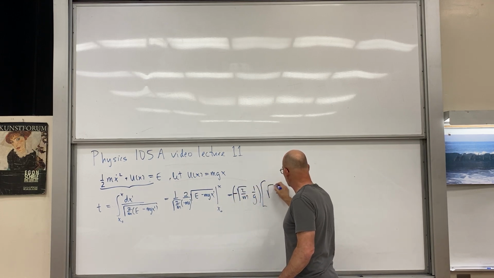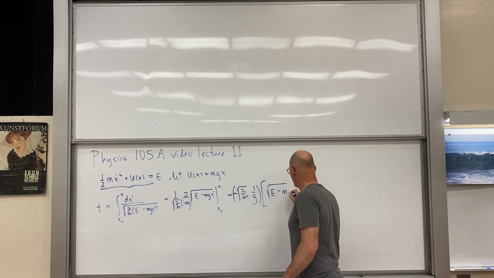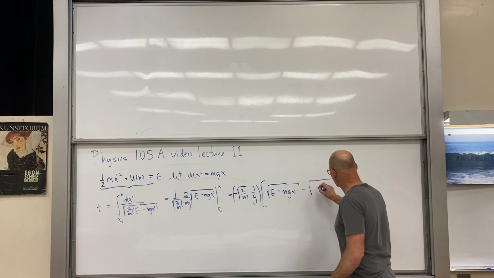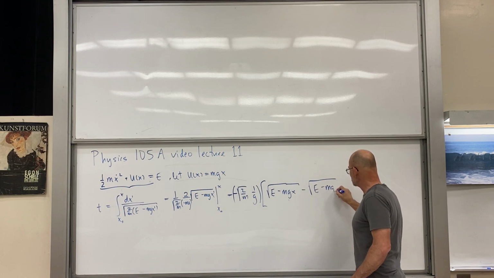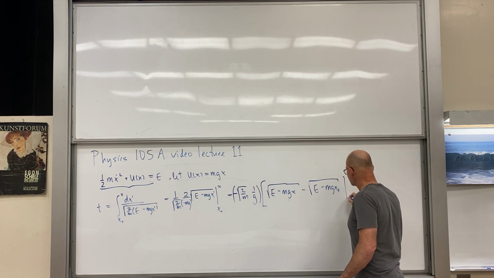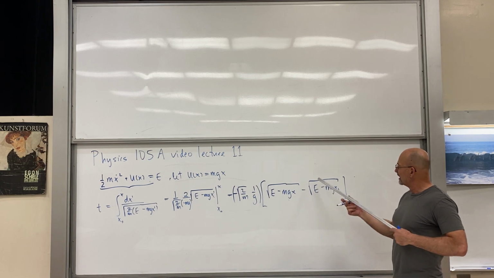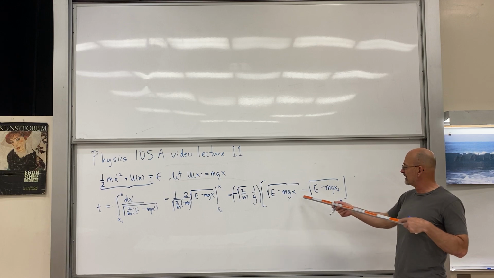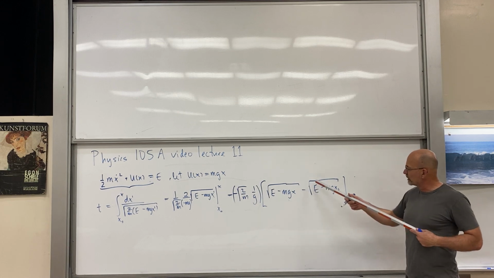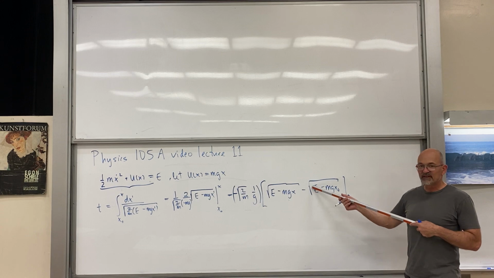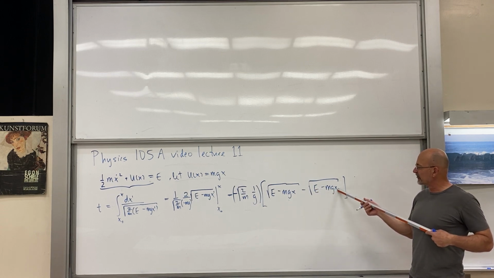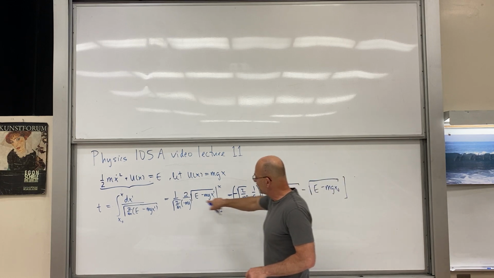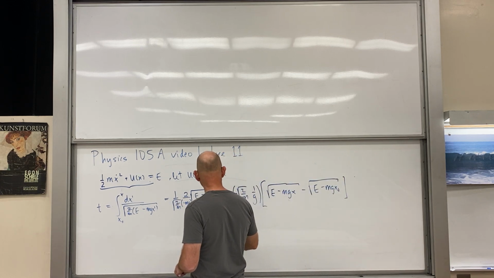So we have root e minus mgx minus the square root of e minus mgx0. And before I go on, notice that there's what we're solving for in the final analysis. What's under this square root is actually a constant, because energy is a constant and x0 is a constant. Okay. So what I'm going to do next is just cross multiply this over to the t, and then I'll square.